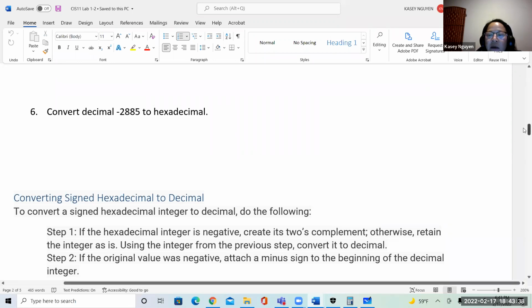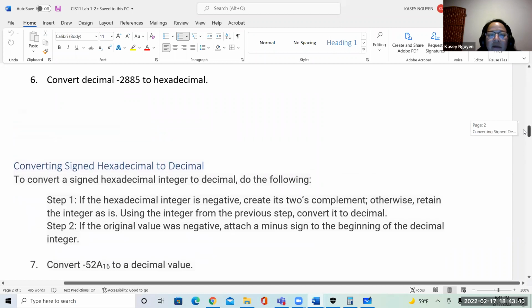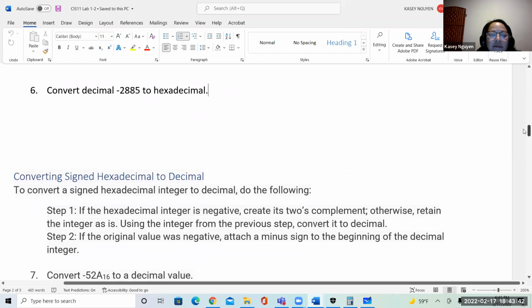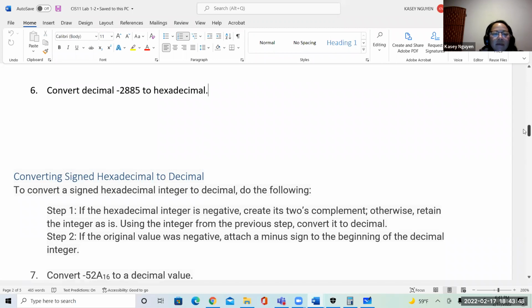So I'll let you do that one. Any question regarding conversion and finding the 2's complement?